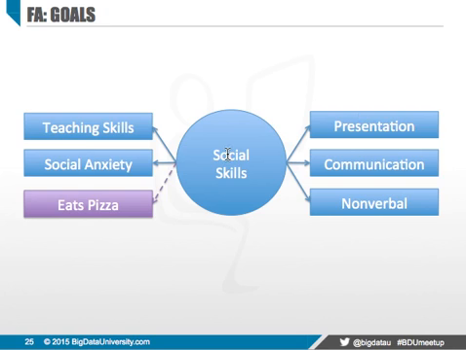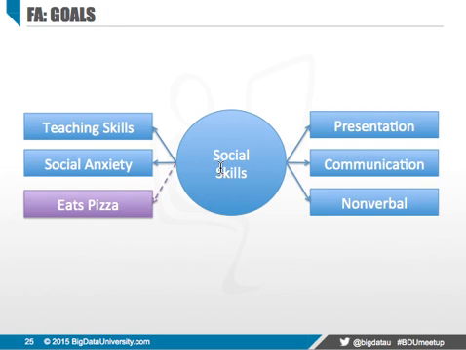Hence, you see the arrows pointing towards the measured variables. What you're saying is that some underlying disposition of an individual is likely going to cause how they behave in the real world or how they respond to items. Here you see a dashed line leading to pizza, and that suggests that social skills are not likely to cause an individual to eat pizza.